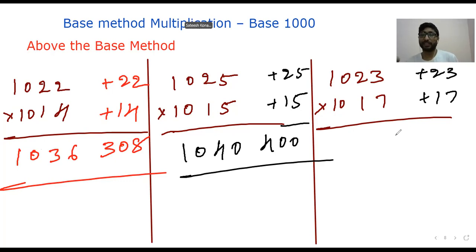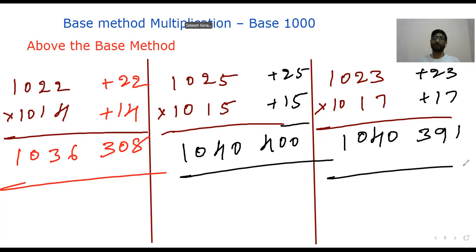So the answer is 7 3s are 21, 7 2s are 14 plus 2, 16. So 391. So 1023 plus 17, 1040. That's it. That's the answer.